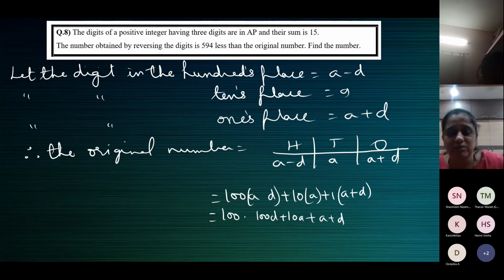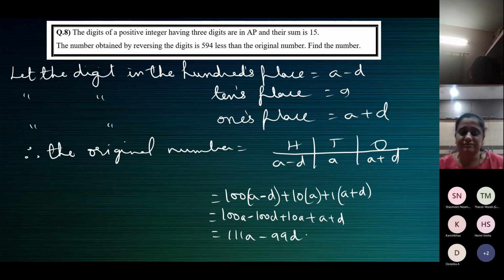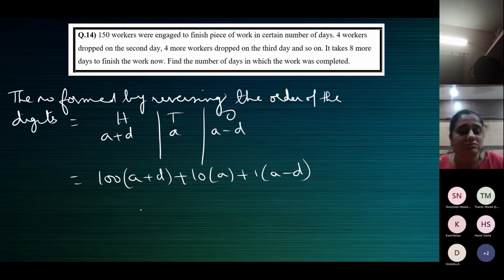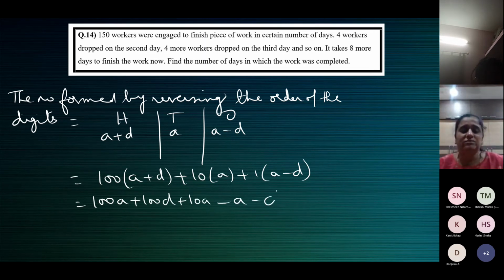So this is going to be 100A plus 100D plus 10A plus A minus D. So this is 111A plus 99D.